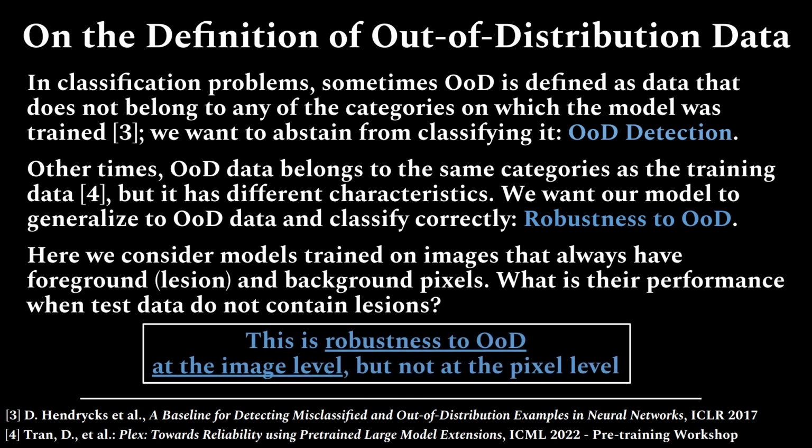Your model has seen lots of pixels that are background, so this is not at all OOD at the pixel level, but at the image level it is OOD, and you want your model to be robust, because your model has not seen images without lesions, which means that it is not used to it, and your model will probably underperform. In this case, you want your model to segment a black image when there's no lesion there, and that's your model being robust to this OOD situation.